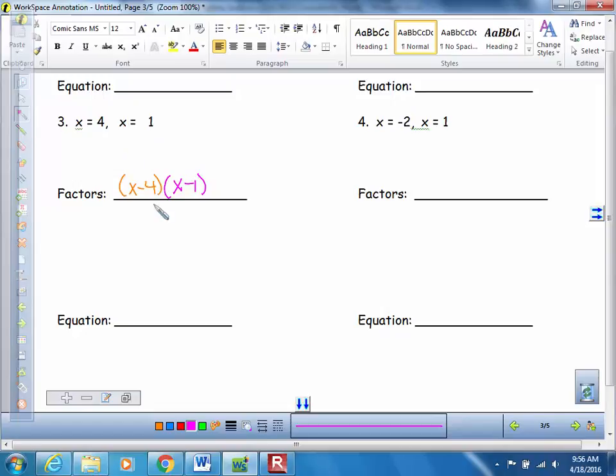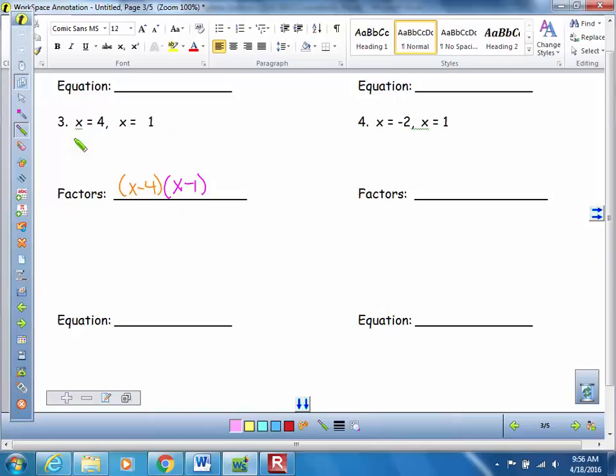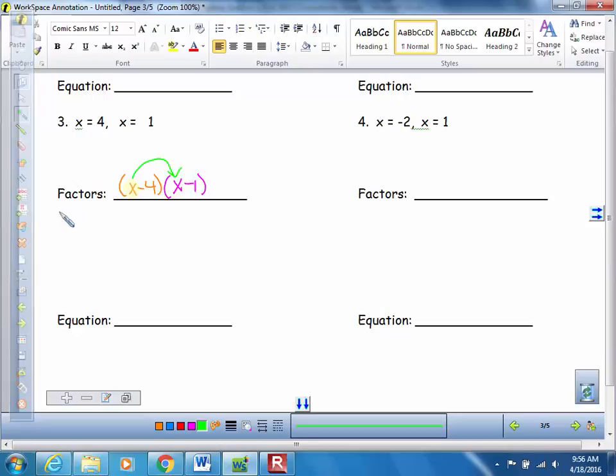Brianna, if I'm going to multiply these, what's your favorite method, FOIL or distributing? Okay. So we'll distribute here. So we're going to do x times both things in the parentheses. So x times x gives me x squared. Then I have to do x times -1, which is just a -x.